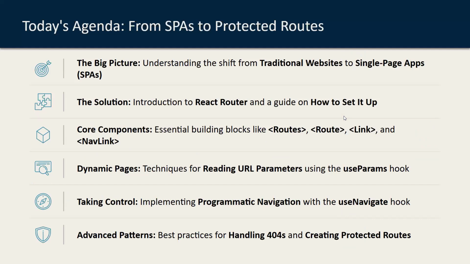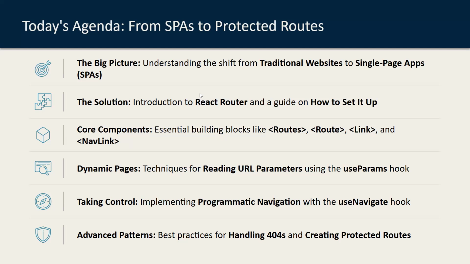We will be understanding the shift from traditional websites to single page applications, then seeing how React Router helps us create a smoother navigation experience inside a React app. And then we will take a look at some core components like Routes, Route, Link, and NavLink.